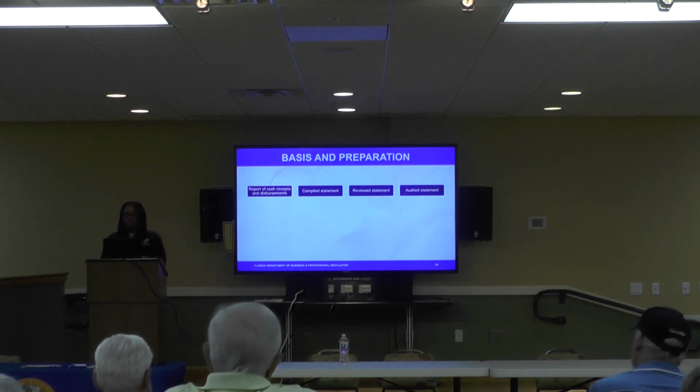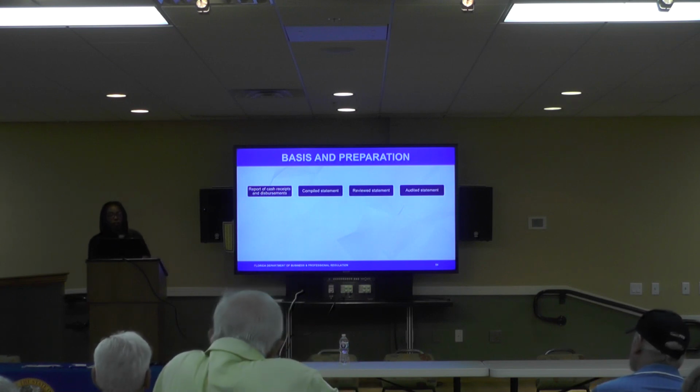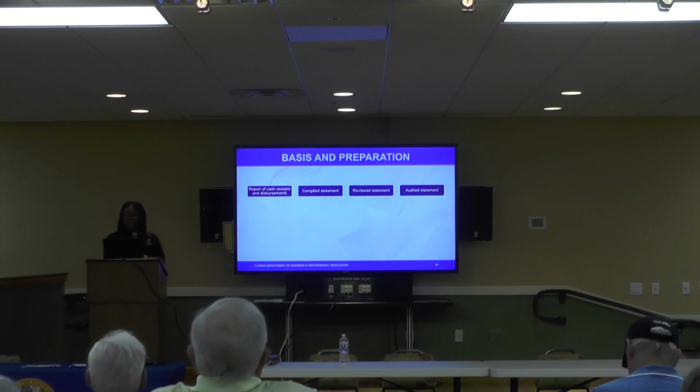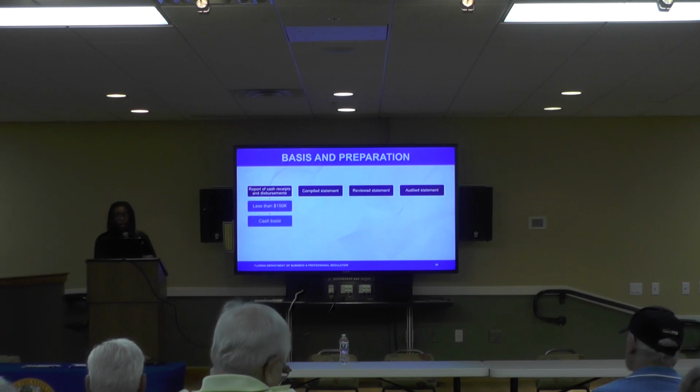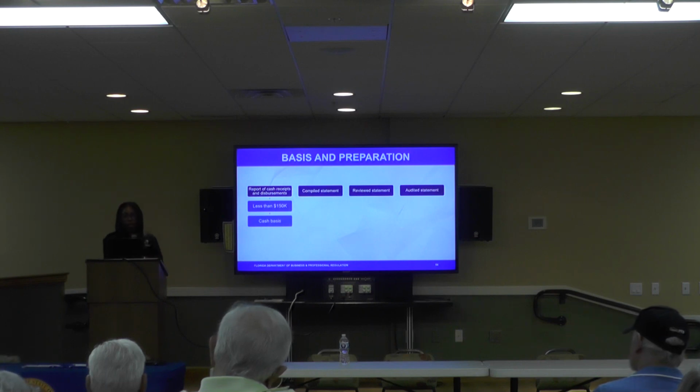Finally, let's summarize the basis and preparation of the financial report statements discussed in this section. A report of cash receipts and disbursements is done on a cash basis. The association must prepare this when their total annual revenues are less than $150,000.